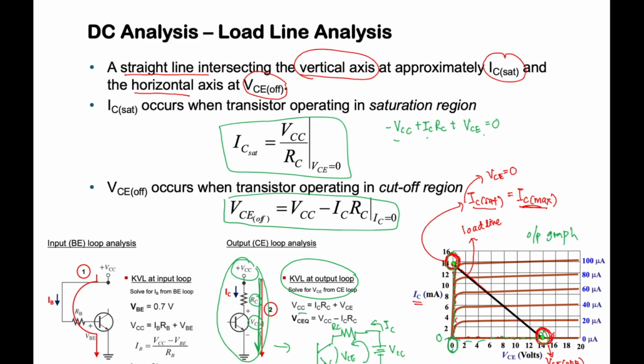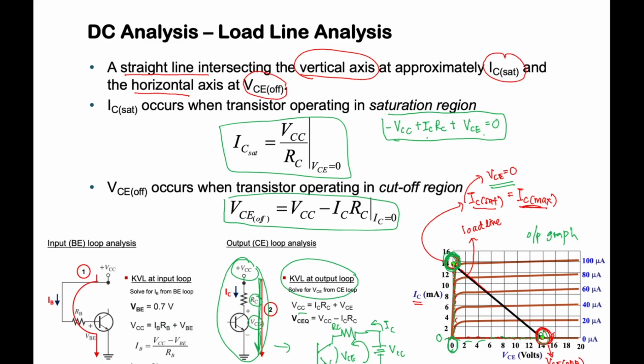Since this is our output graph, this equation is important to us. Now, based on this equation, to get the first intersection at the vertical axis, our VCE must be equal to 0.